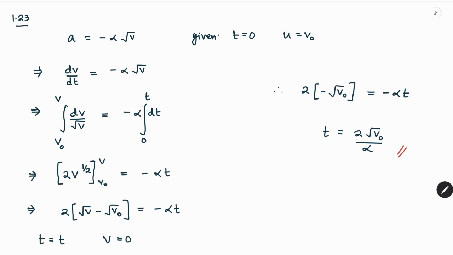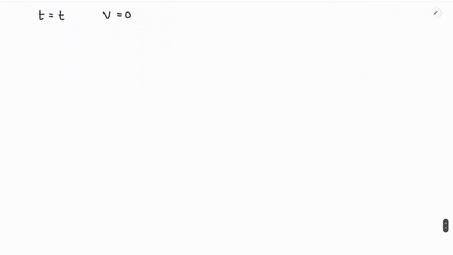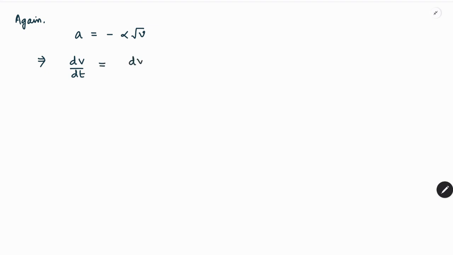Now apart from this, the problem is also asking us to calculate the distance which it covers before coming to a halt. So now we will be solving the distance which it covers before coming to a halt. So we are again solving the same expression, that is we have a equals minus alpha root v, the value of deceleration that we have, and we are writing a as dv by dt, which we are also writing as dv by dx times dx by dt, following the chain rule, so that we can solve for x.